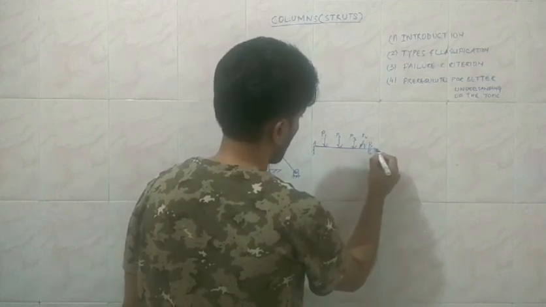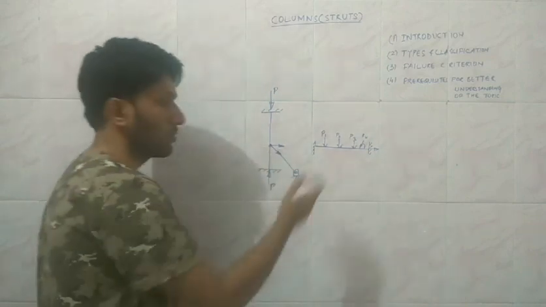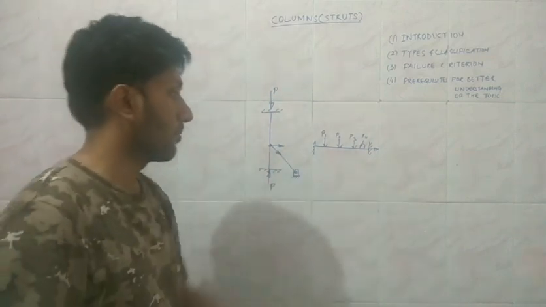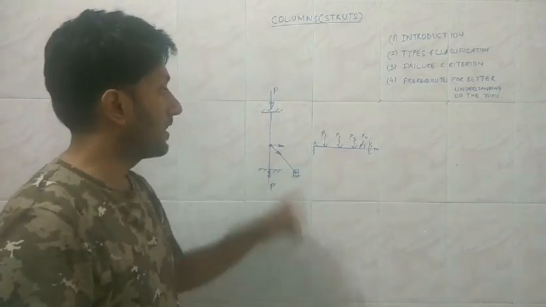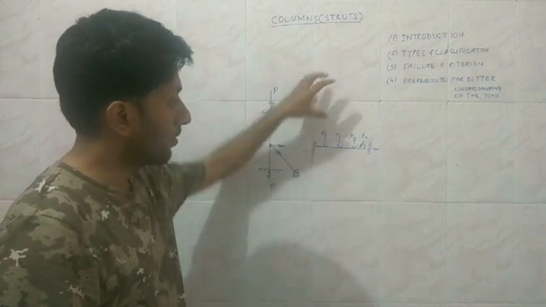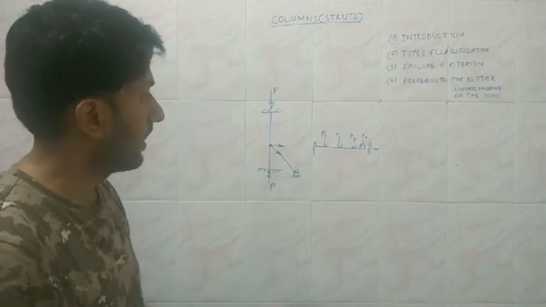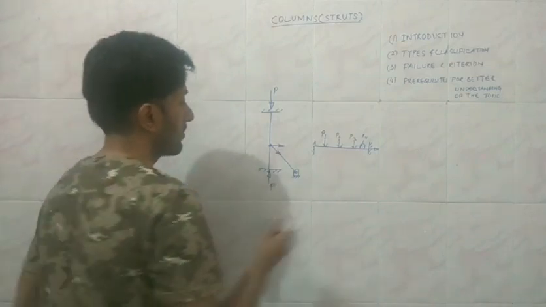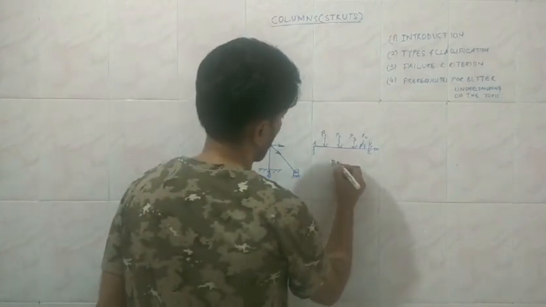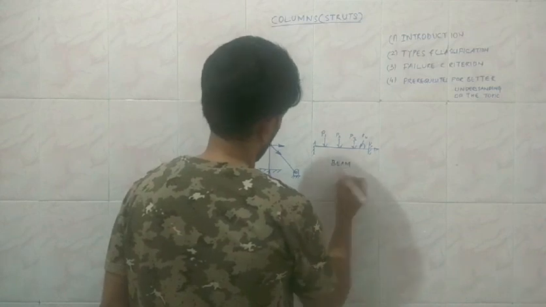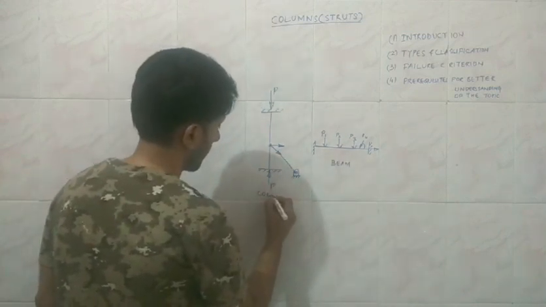So a reaction will be there in this direction. So some component may act along the length also, but principally it is designed to carry the load in the transverse direction, that is the direction perpendicular to the longitudinal direction, hence they are called beams. So this is an example of a beam, and this is the example of a column.